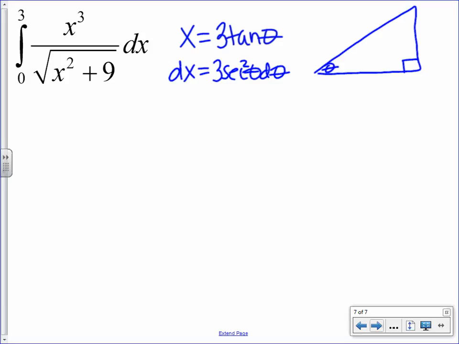So our tangent ratio is x over 3. Whoa, sorry. I said tangent and I labeled sine. There we go.